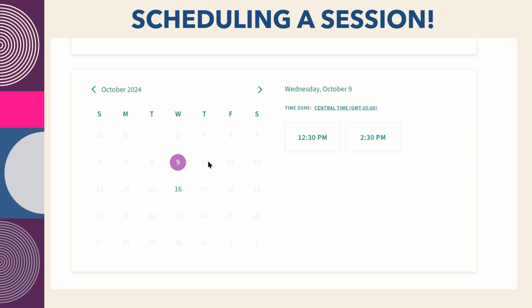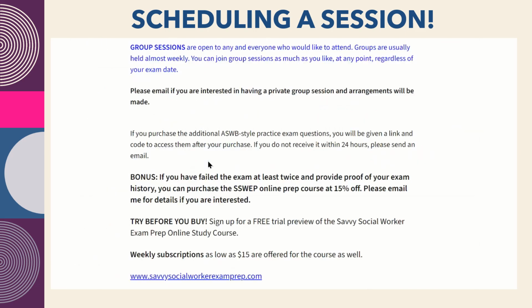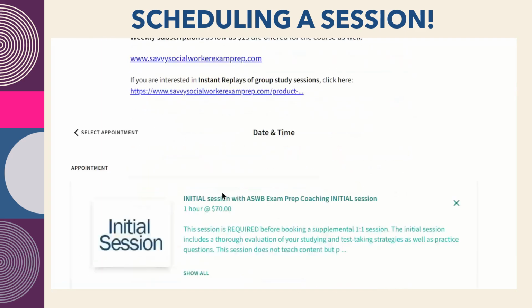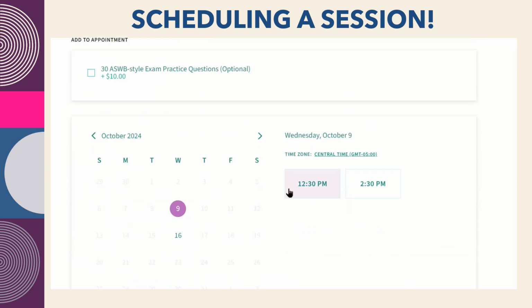I do have a waiting list, and the link is provided up here. If somebody cancels, or if a spot doesn't get filled by a certain time, then I go to my waiting list and send out emails saying, hey, I have 12:30 on the 9th, whether it's a supplemental session or an initial session.